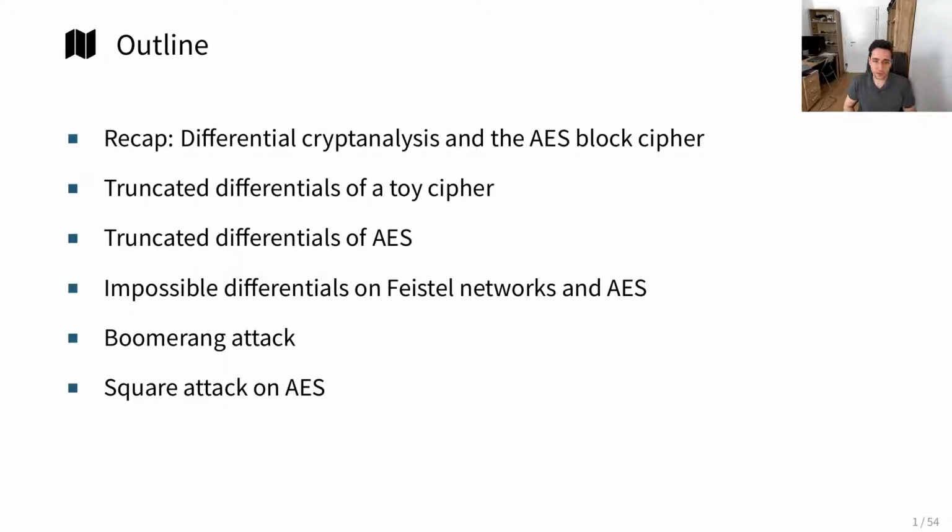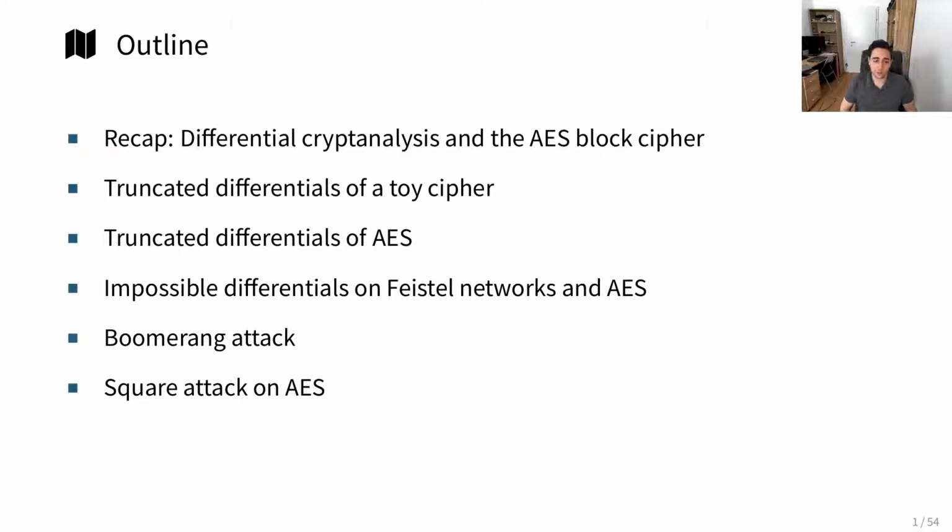Then after the truncated differentials, we will talk about impossible differentials, which are actually similar, but we will talk about that in the context of a very simple Feistel network, and again in the context of AES. Towards the end of the lecture, we will talk about the boomerang attack, which essentially is a combination of some of the differential techniques.